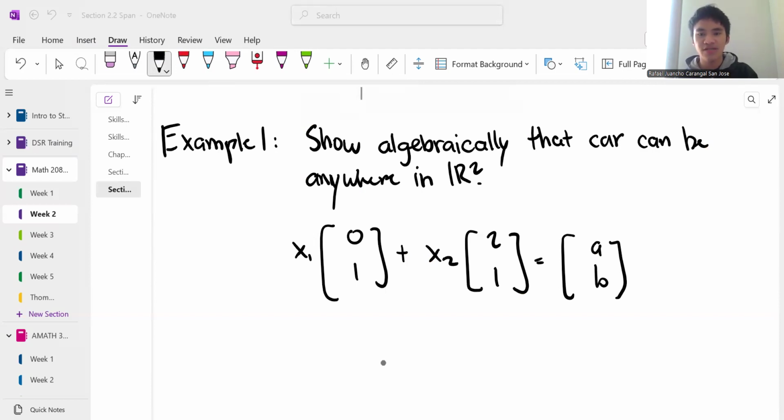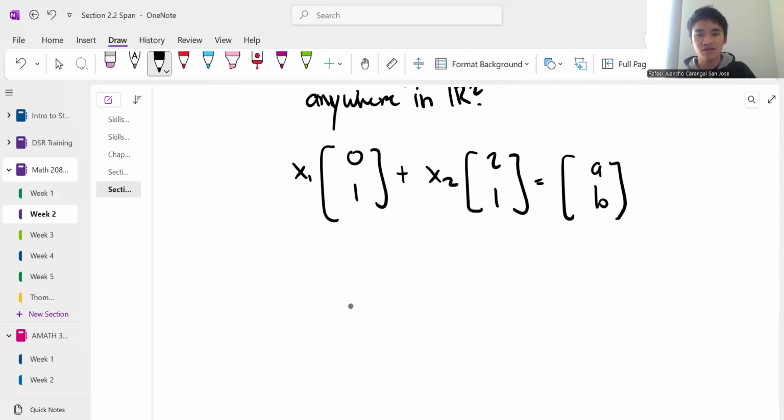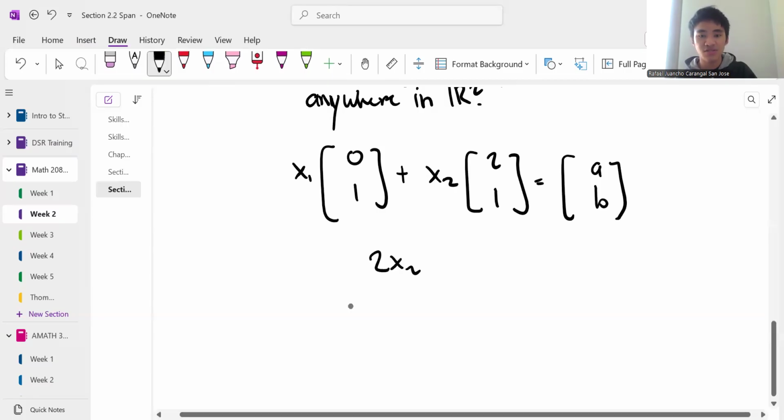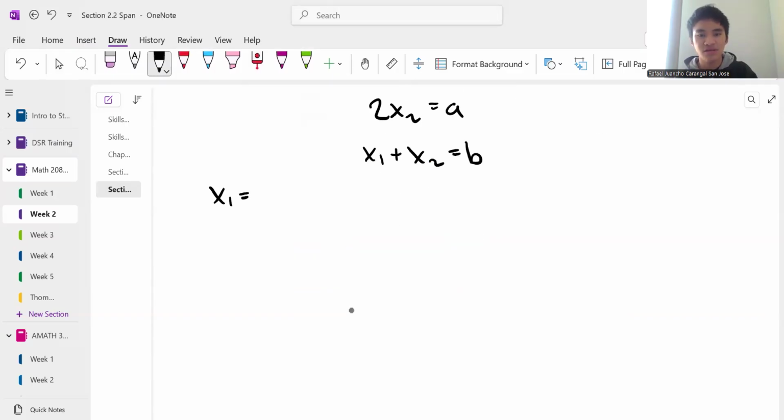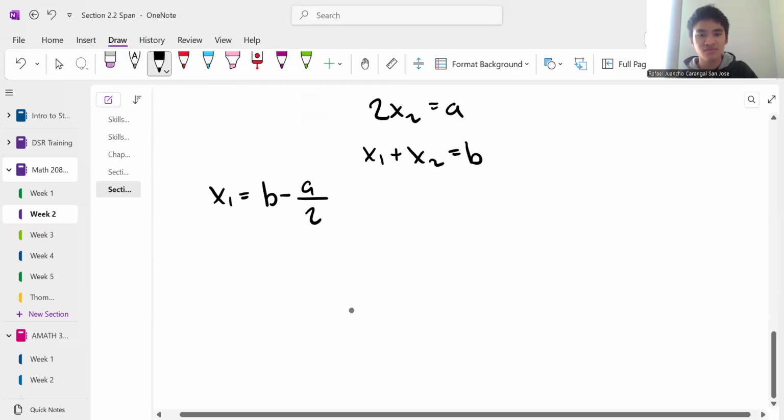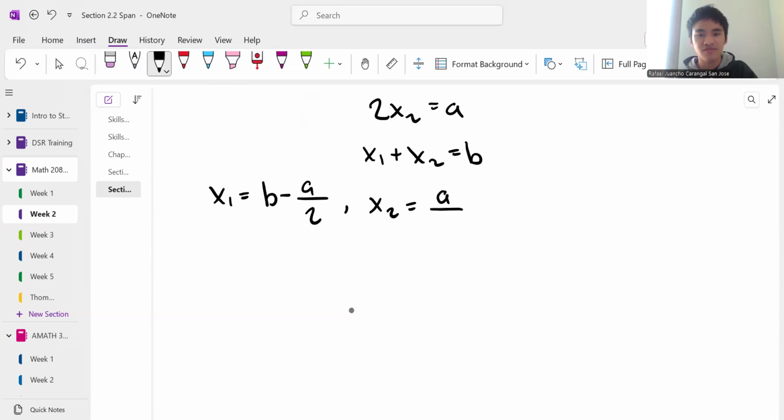So we can then translate this into a system of linear equations or an augmented matrix. Really up to us what we want to do. So this is the way to translate it to a linear system. And from there, we can say x sub 1 is b minus a half, and x sub 2 is a half.